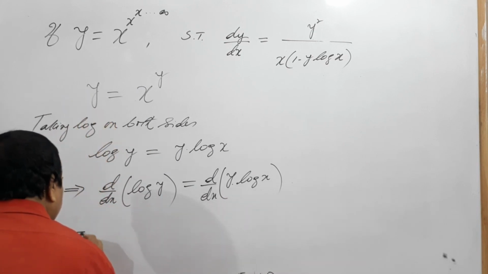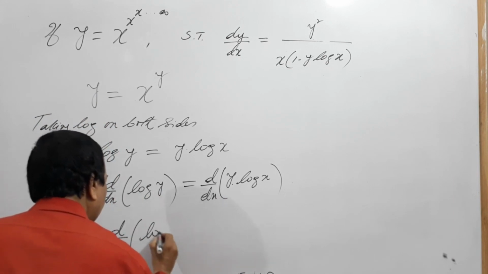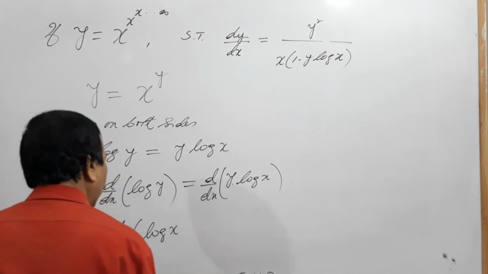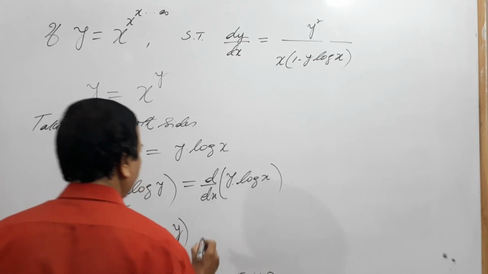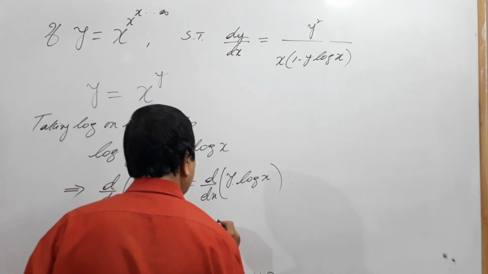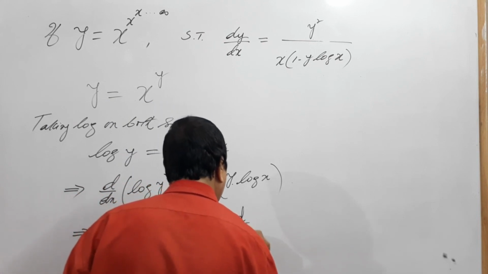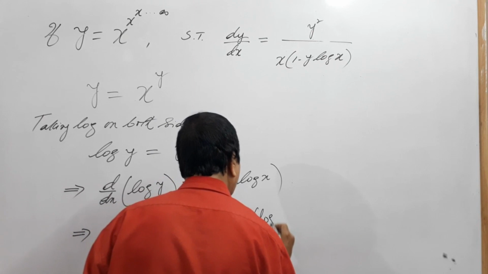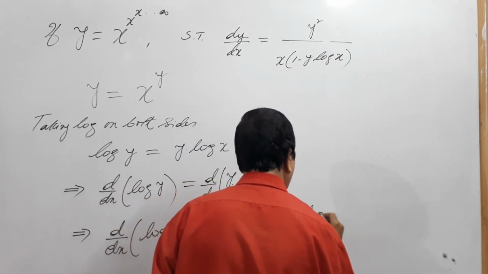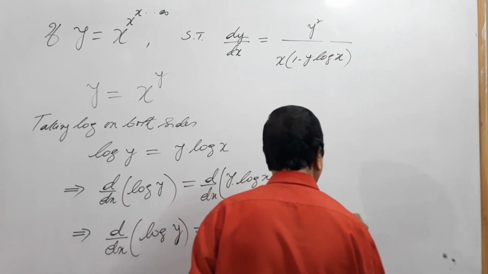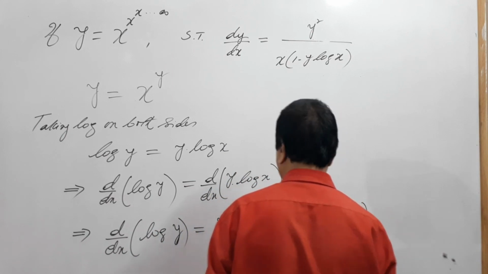This is d by dx of log y equals y into d by dx of log x plus log x into d by dx of y.